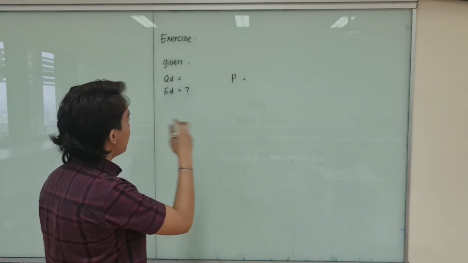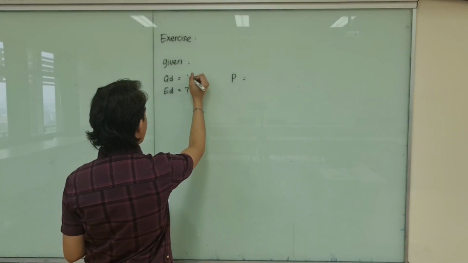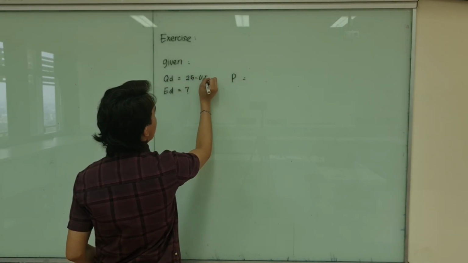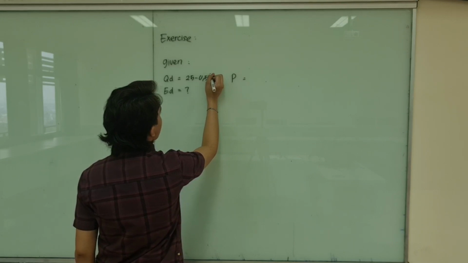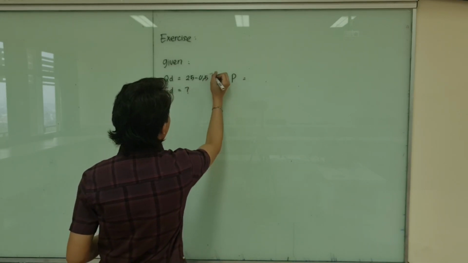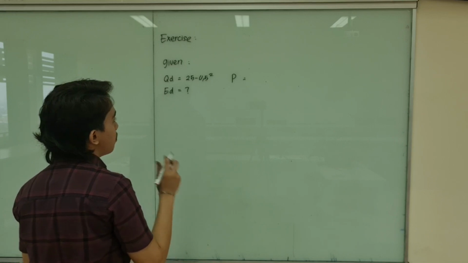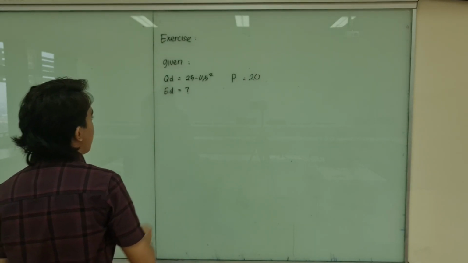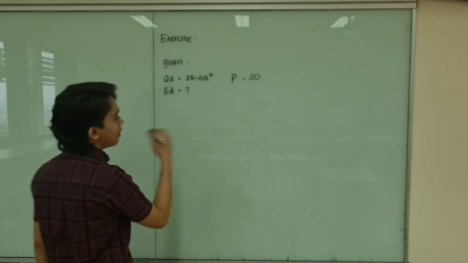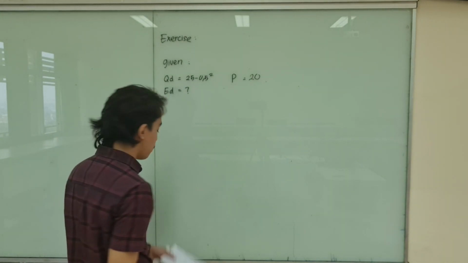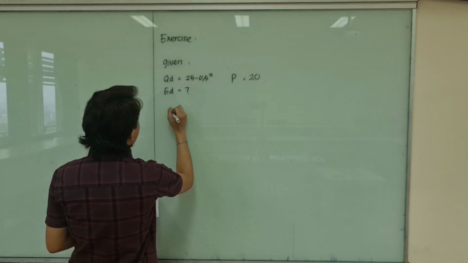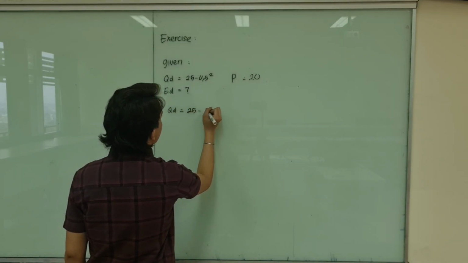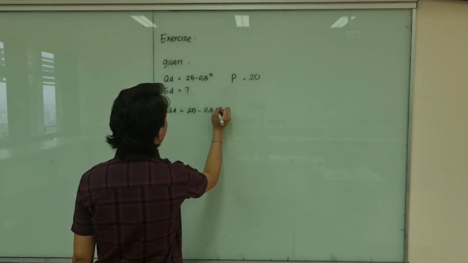Given QD is 25 minus 0.5 P squared, and the price will be 20. So we need to find the elasticity of demand. The equation is the same as the first one. QD equals 25 minus 0.5 P squared.